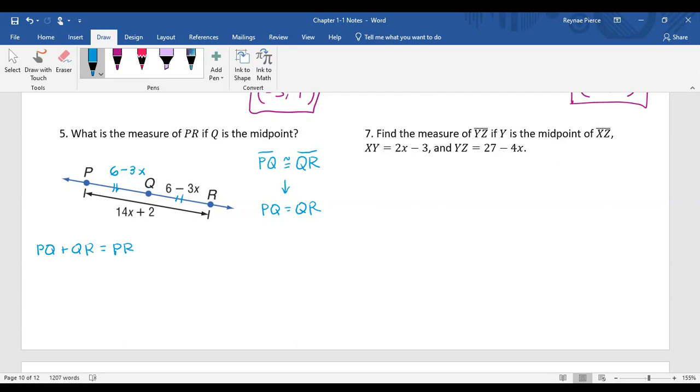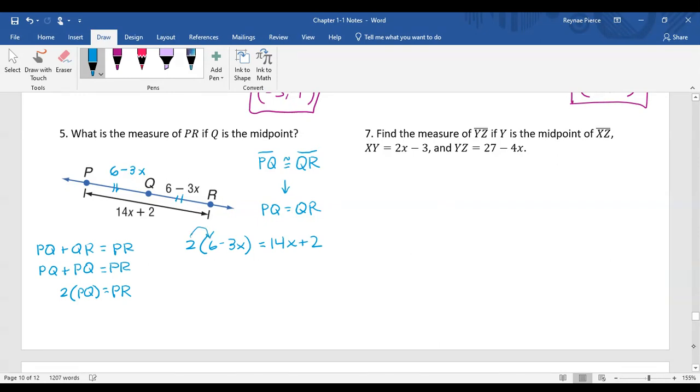Since these are the same, we can actually just say PQ plus PQ, which is why we can then say 2 times that length that we know is equal to the total length of the segment. So 2 times 6 minus 3x is 14x plus 2.